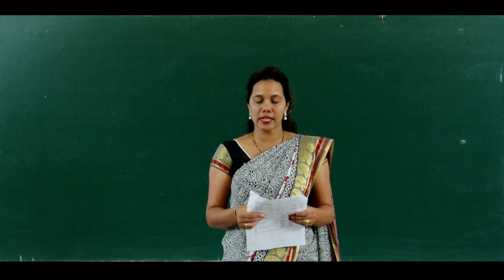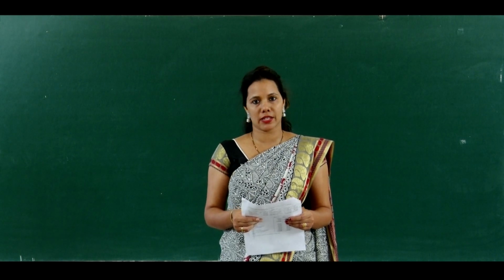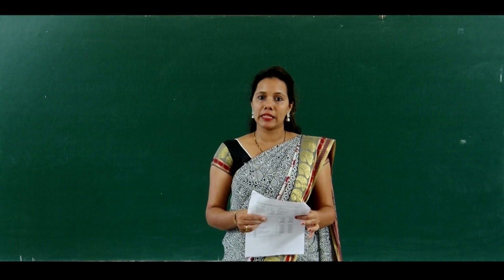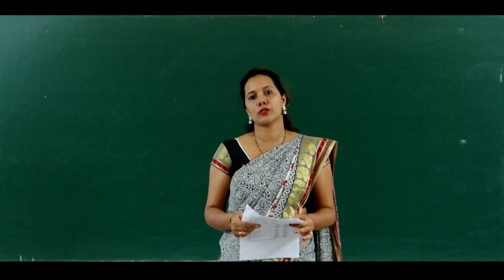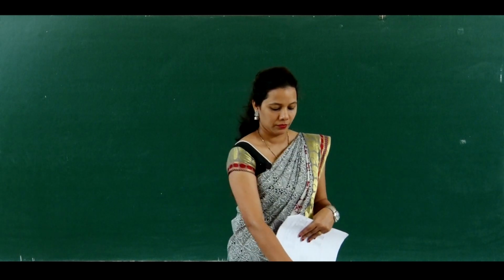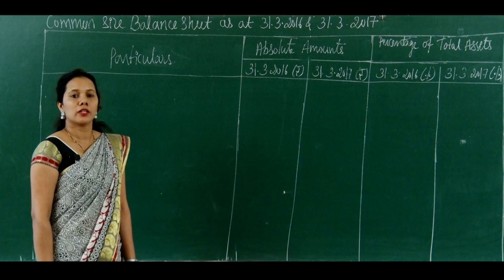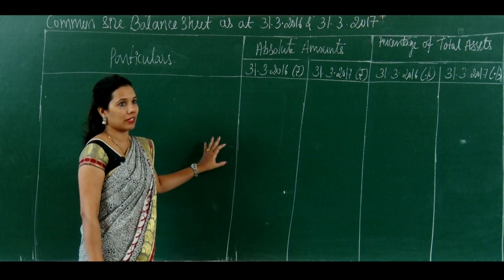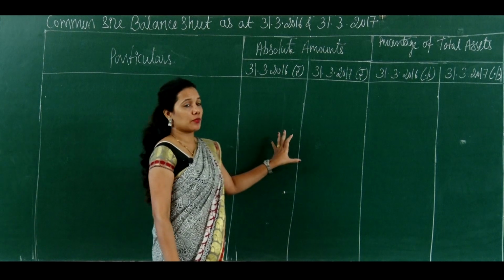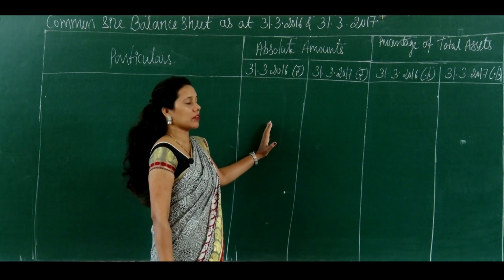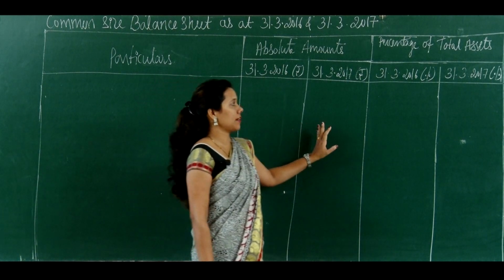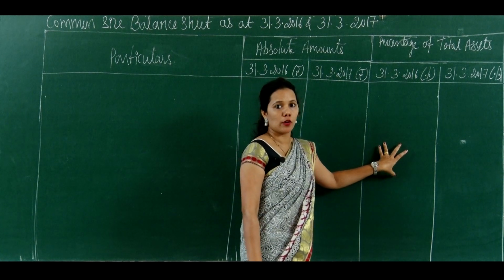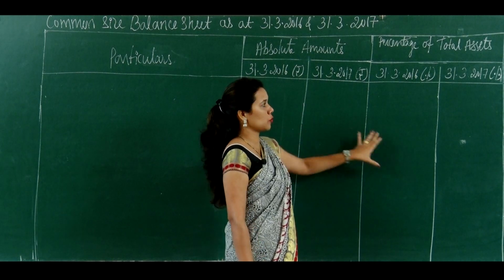Then you have current assets, that is recorded under current assets. So, you should be more careful when you classify liabilities into different sections and assets into different sections. So, we will start. This is your common size balance sheet format. Similar to profit and loss, you have particulars, absolute amount columns to record previous year's and current year's financial information. Then you have a percentage column in order to convert each item into percentage.